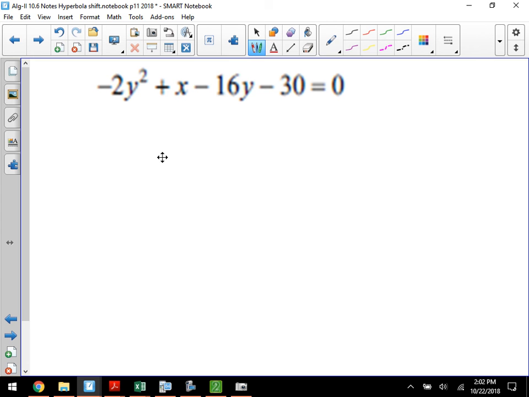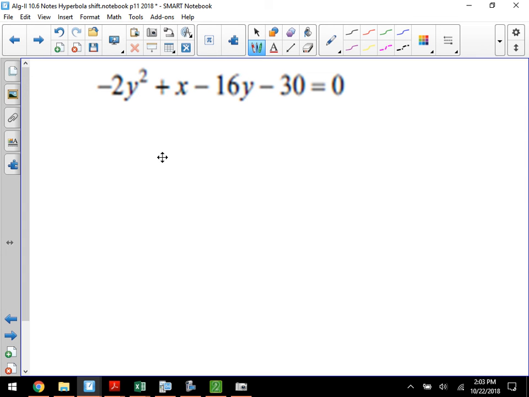All right, so we got negative, guys. We have a negative 2y squared plus x minus 16y minus 30 is 0. Okay? So what does this mean this has to be?